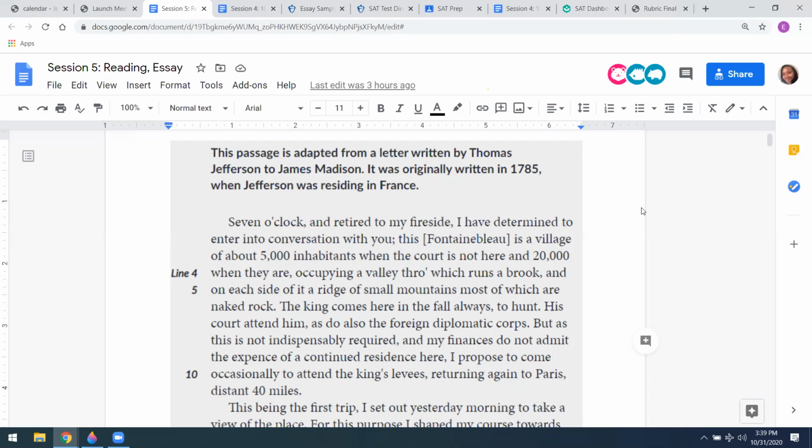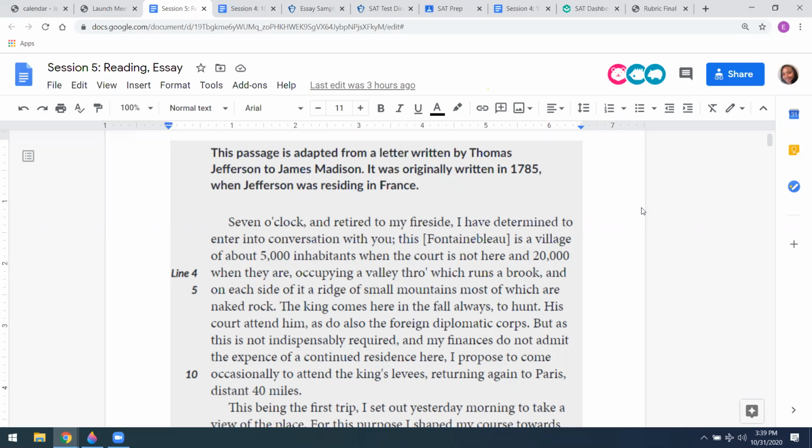It was originally written in 1785 when Jefferson was residing in France. 7 o'clock, and retired to my fireside. I have determined to enter into a conversation with you. This Fontainebleau is a village of about 5,000 inhabitants when the court is not here, and 20,000 when they are, occupying a valley through which runs a brook, and on each side of it a ridge of small mountains, most of which are naked rock.